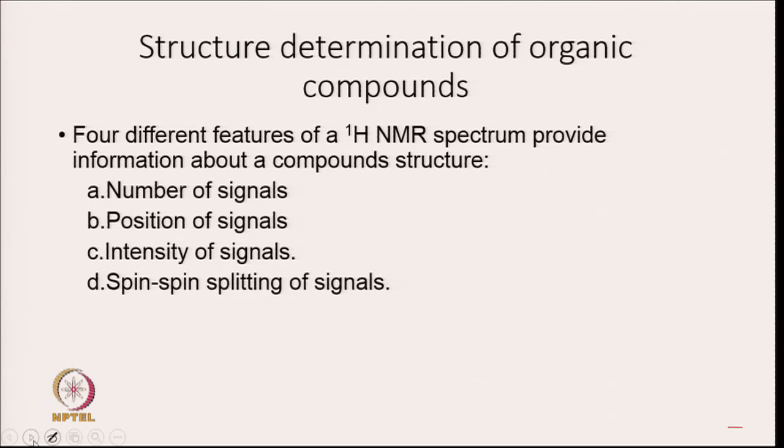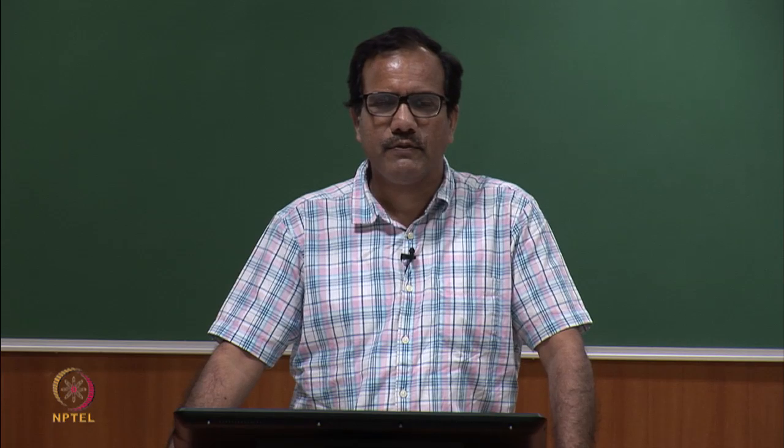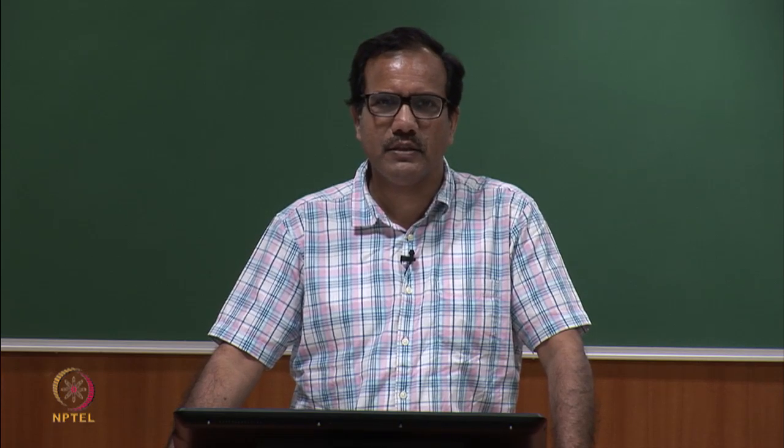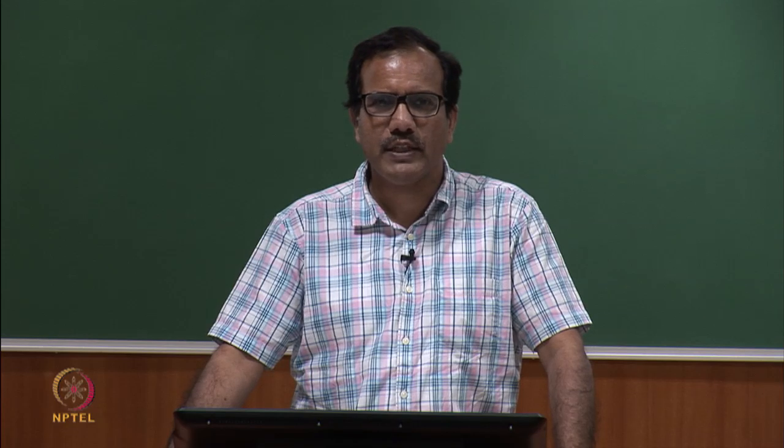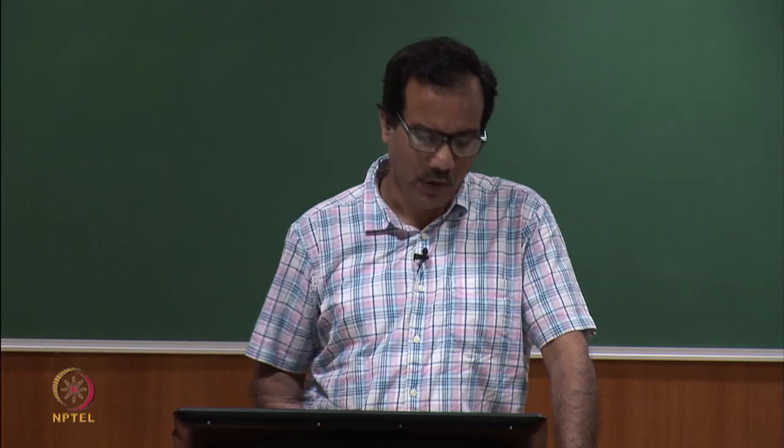Four different features of a proton NMR spectrum provide information about a compound's structure, and the four features are the number of signals, the position of signals, the intensity of signals, and the splitting of signals. These features give important information through which we can derive the structure of organic compounds.